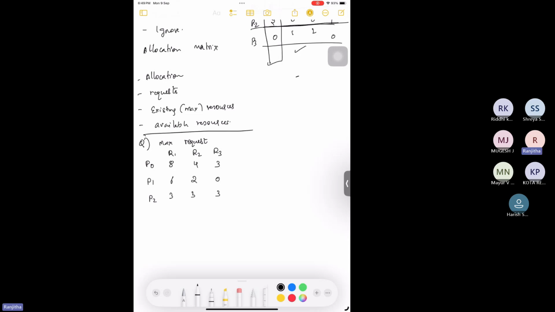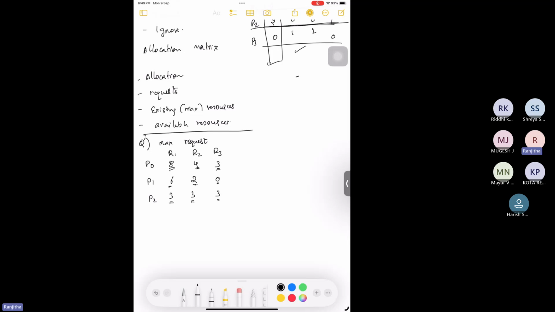What does it mean? P0 needs a maximum of 8 R1, 4 R2 and 3 R3. Same way, P1 needs a maximum of 6 R1, 2 R2 and 0 R3. So during its lifetime, this is the maximum number this process will be asking for. That is the max number of requests this process will make.